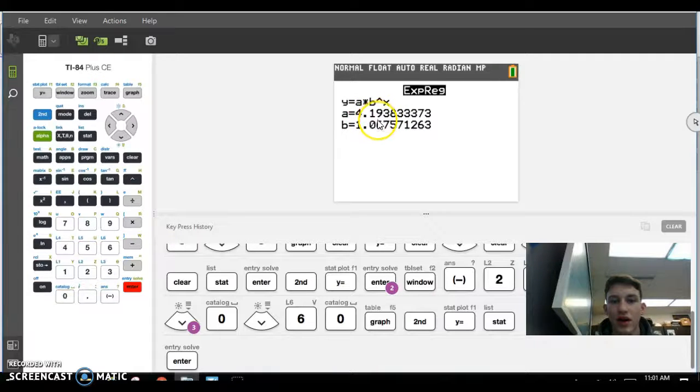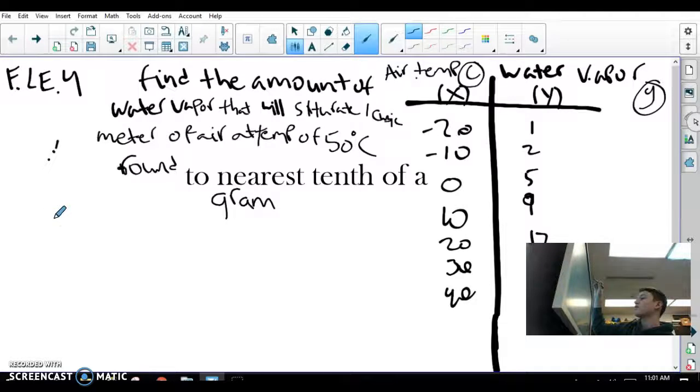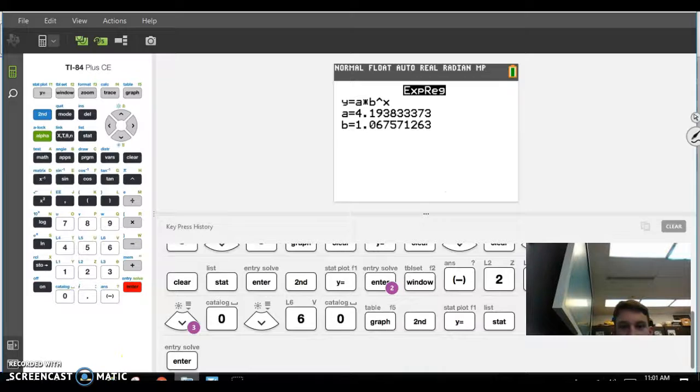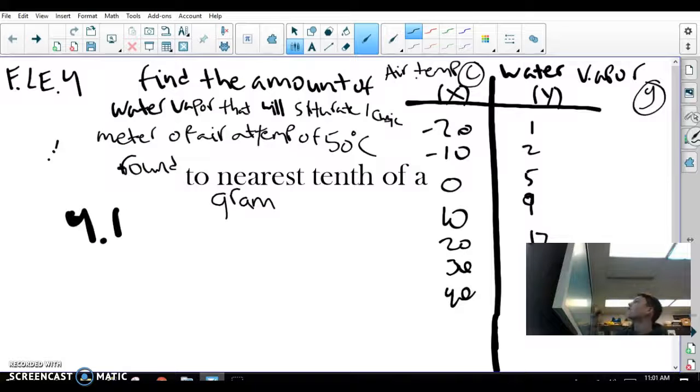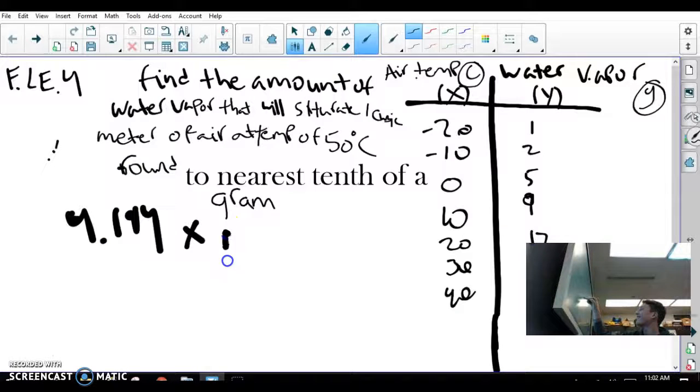So it would be 4.194 times 1.068 for the x.